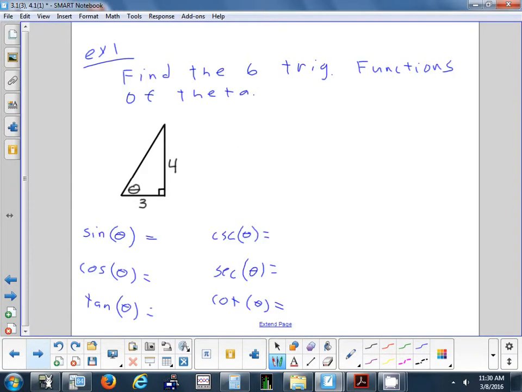All right, so what we'll do is just practice finding the 6 trig functions of theta. Now, for today, we're not actually finding theta. We're never going to know the size of this angle today. And you might say, how can you describe all these things about the angle when you never even know how big the angle is?